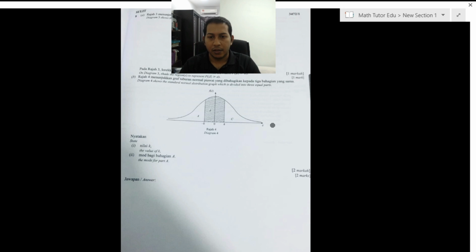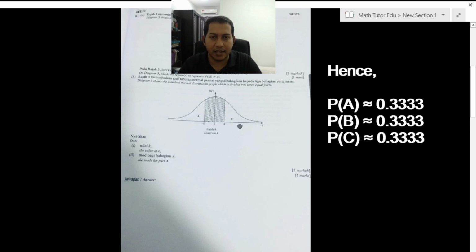1 over 3 converted into decimal is approximately 0.3333 for 3 segments. Here you have area A, B and C. So for 3 areas you have approximately 0.3333 each. When you add them up, you get approximately 1, technically not exactly 1 but very close to 1, which is 0.9999.